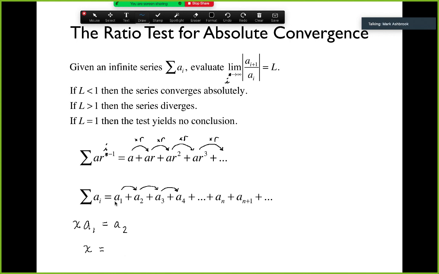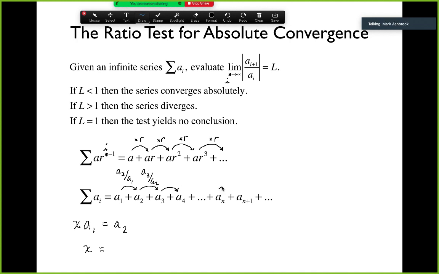What number do you multiply a1 by to get a2? Solve for x. a2 over a1, right? You'd multiply by a2 over a1 times a1 would give you a2. Similarly, a2 times a3 over a2 would give you a3.